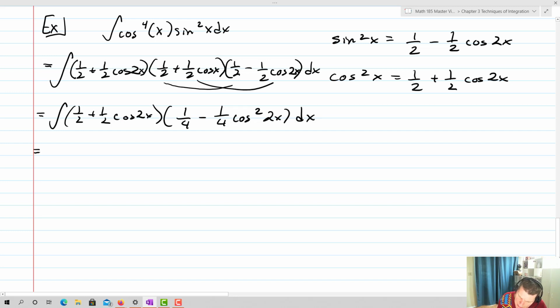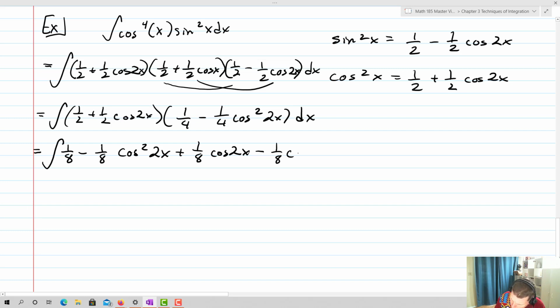Then this is going to then equal, and now we'll do the multiplication over again, the integral of 1/8 minus 1/8 cosine squared 2x plus 1/8 cosine 2x minus 1/8 cosine cubed 2x dx.